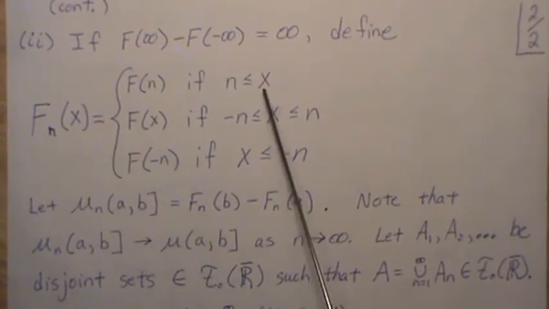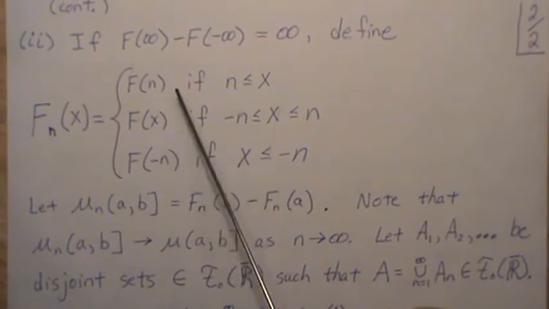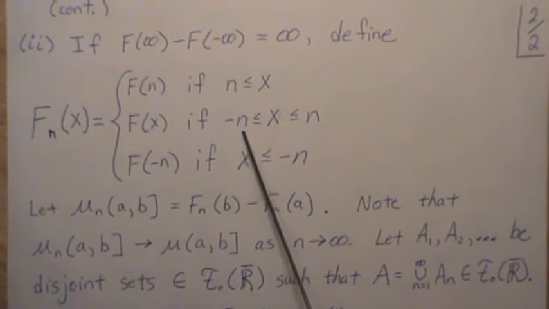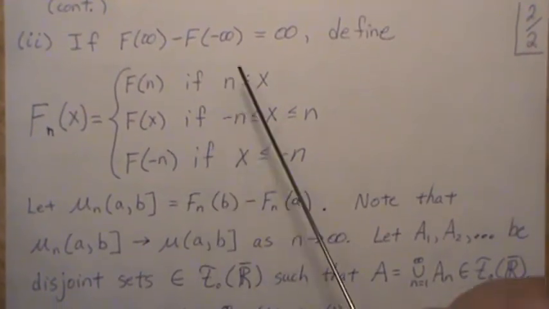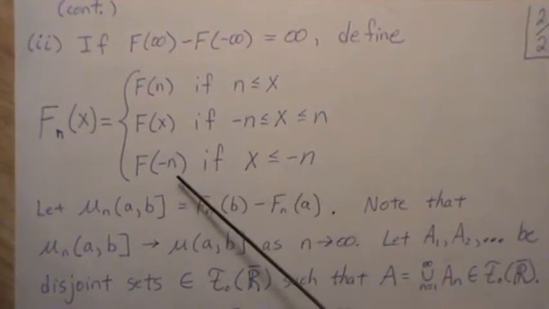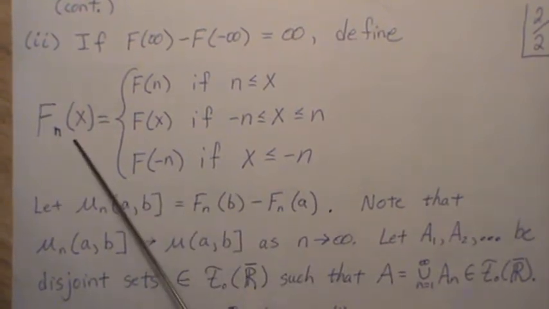So when x gets too big, say greater than n, we're just going to put F of n there. And then when x is between minus n and n, then it's just F of x, whatever it is. But if we get too far negative, we're going to just stick in F of minus n here. We're going to kind of knock it back a little bit. So that's how we're going to define F_n of x.